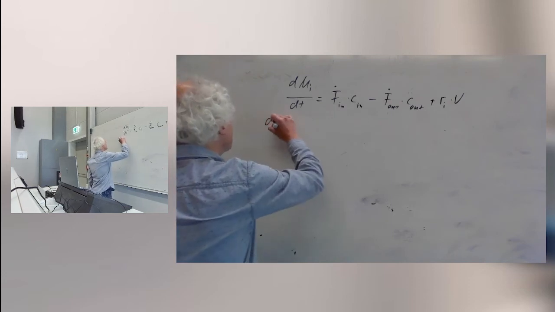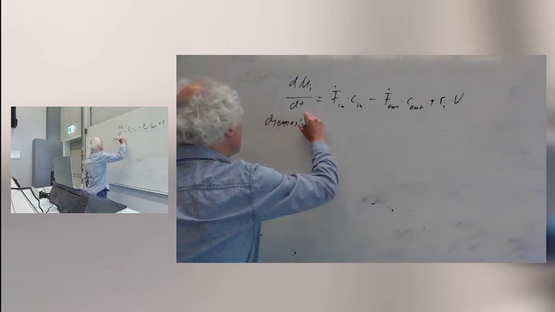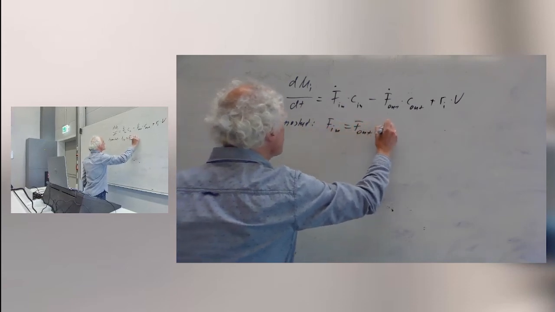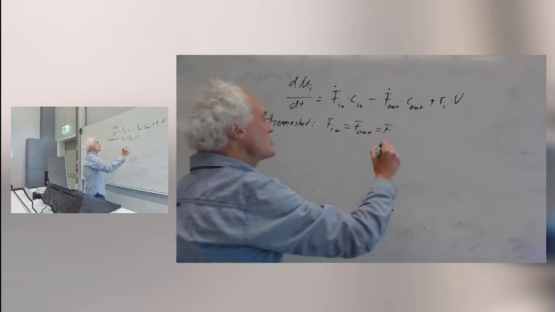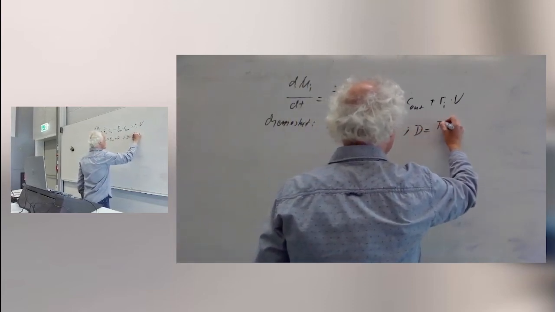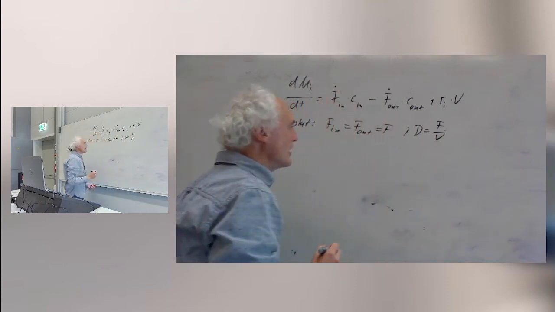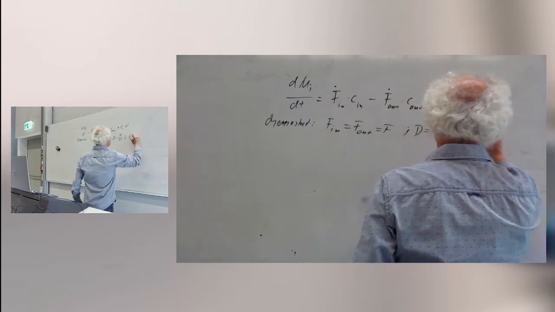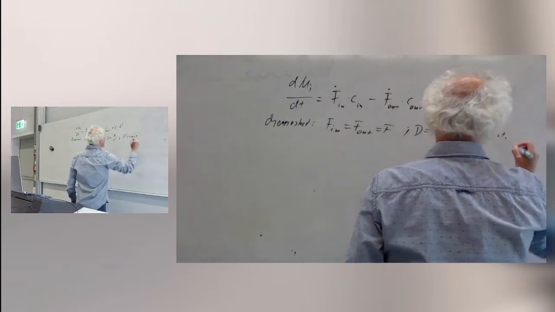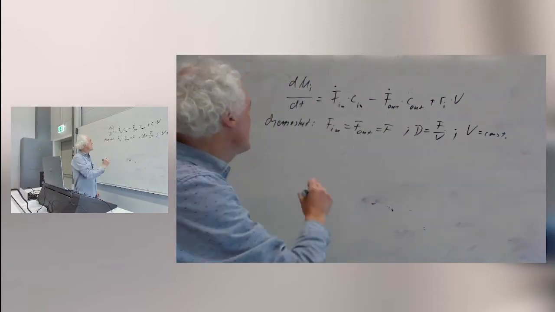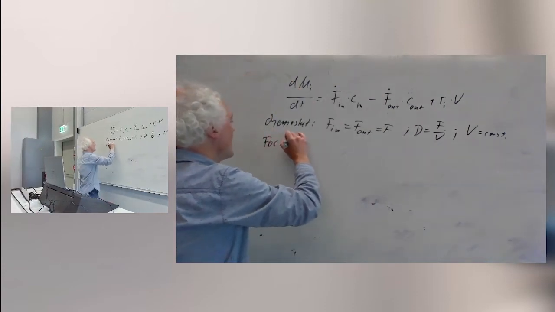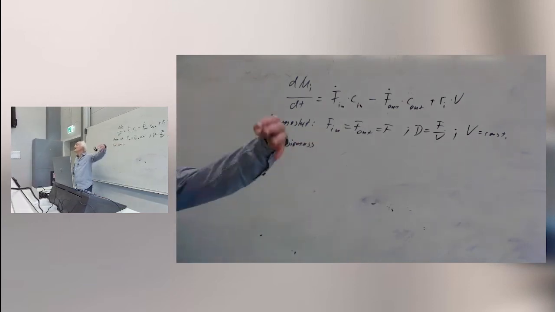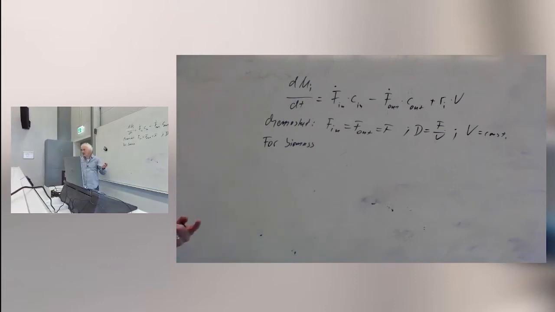So chemostat, F in is equal to F out is equal to F. Of course, we still have D is equal to F divided by our volume. And as F in is equal to F out, our volume here is constant. Now, before we looked at the substrate concentration, of course we had the equations for the biomass also in the slides.